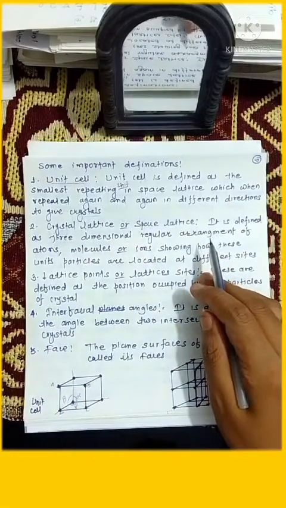So just see in this diagram, this smallest unit is repeated again and again in this big three-dimensional network. That's why it is known as a unit cell, and it is the structure of the crystal lattice.